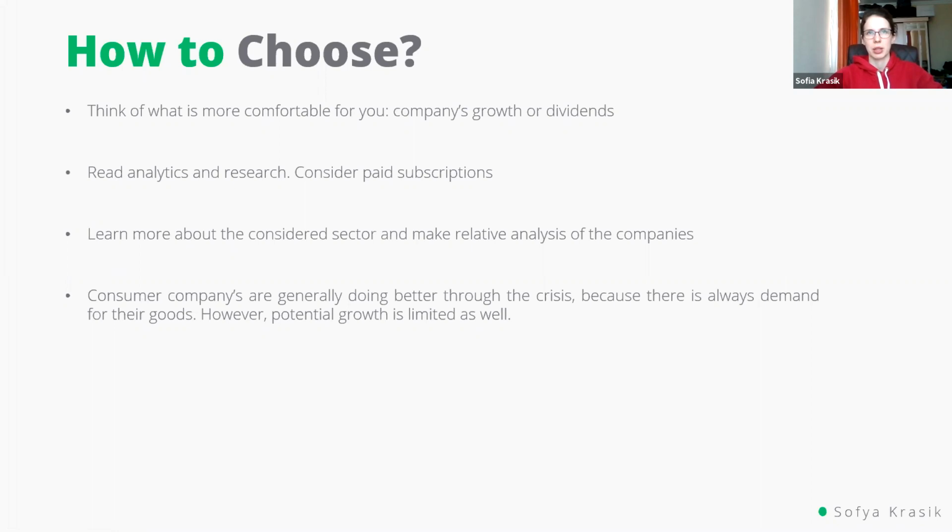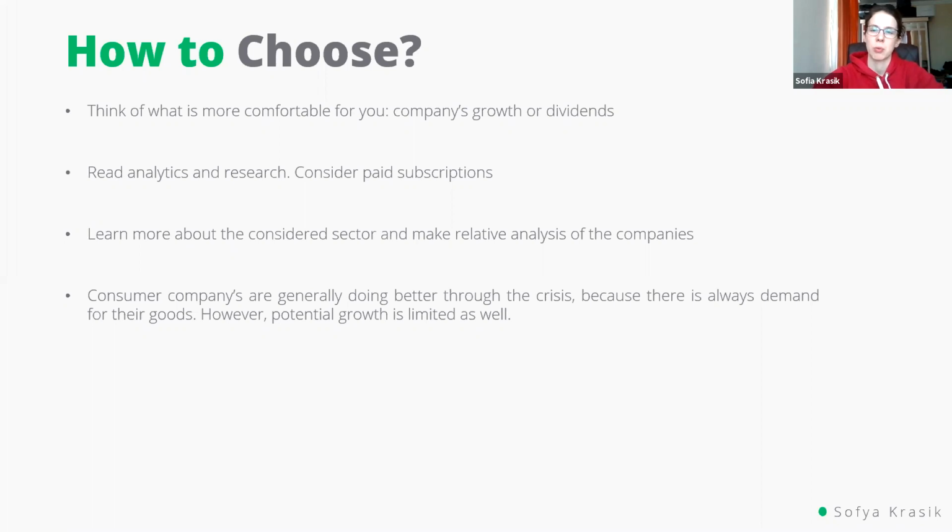So this company has probably less chance to go bankrupt than some high technology producing company or some cosmetics producing company.